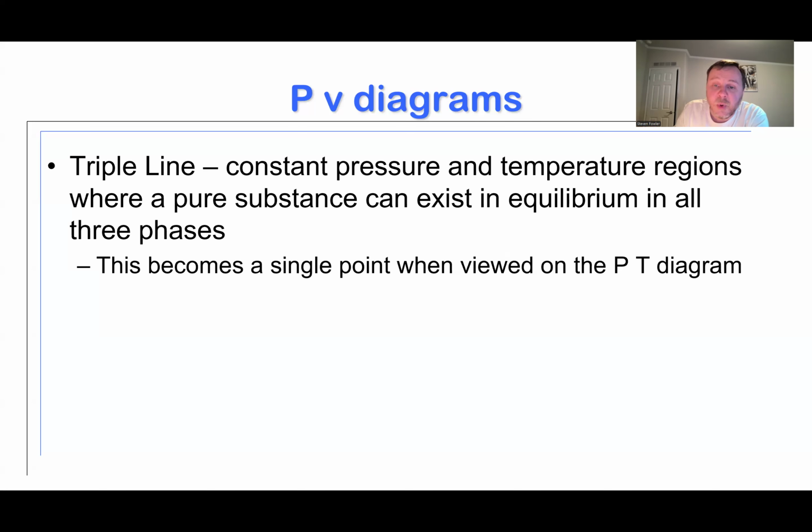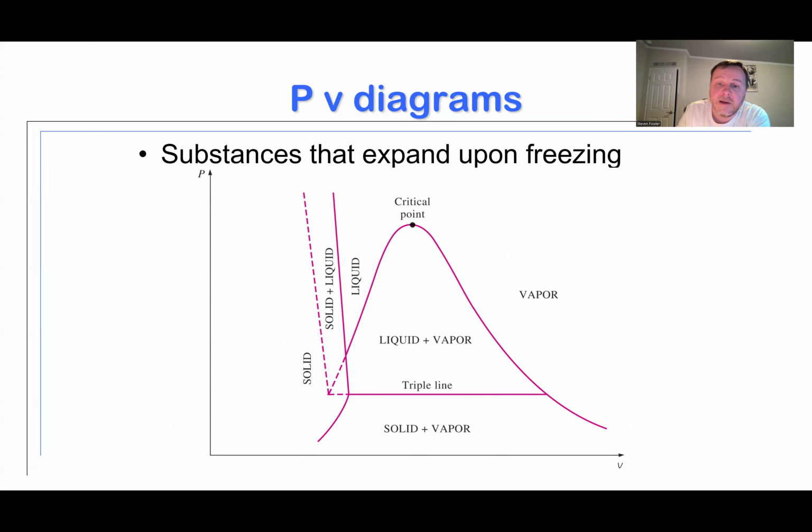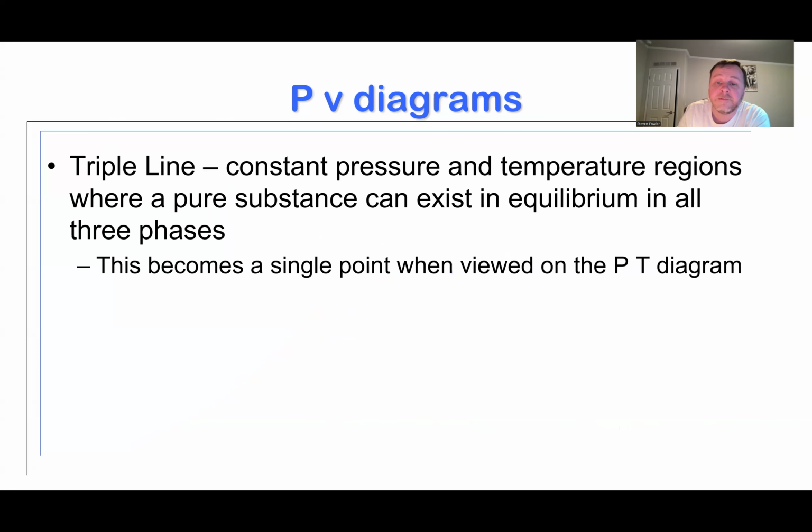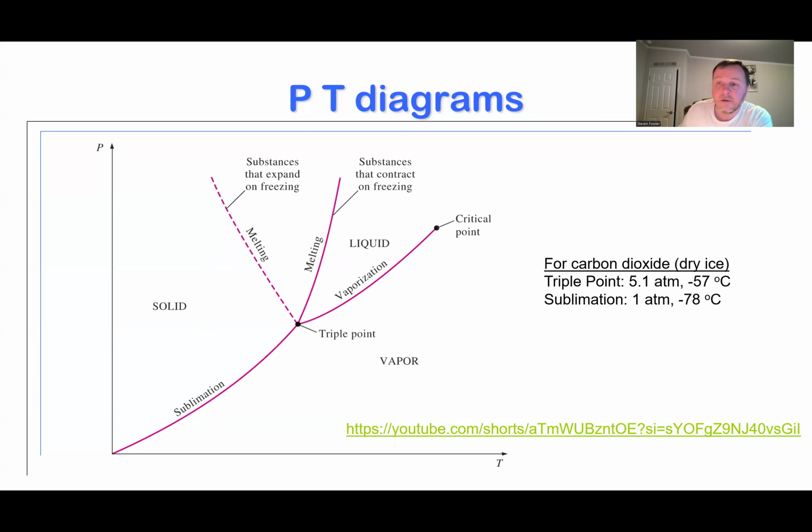So that's the triple point, and what happens is if I view the edge of a line, for example. Notice I've got a line down here between, again, the liquid vapor, solid vapor phase change regions. If I look at the end of that line, you get a single point. What do I mean by that?